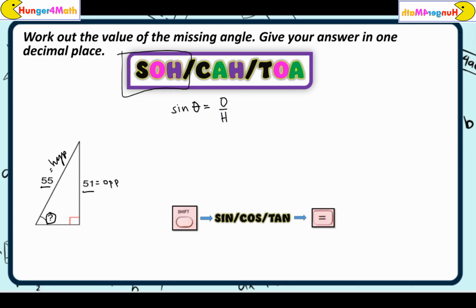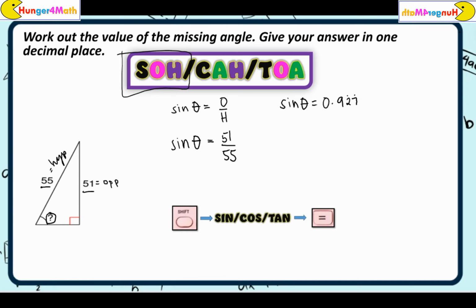Now let's substitute. So sine theta is equal to opposite 51 over the hypotenuse 55. Now let's divide 51 divided by 55. That will turn into sine theta is equal to 0.927, and this is a recurring decimal.